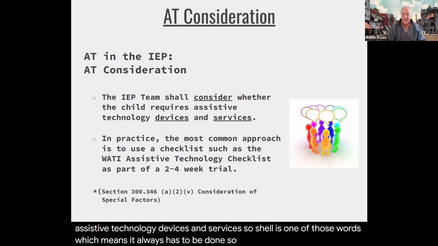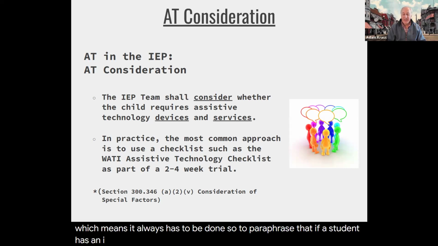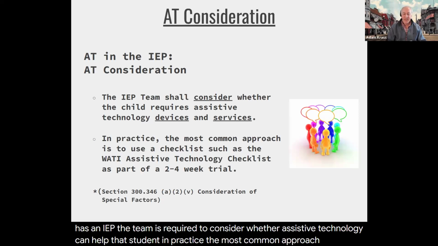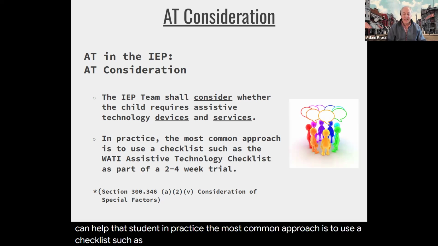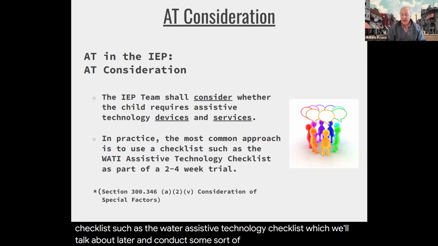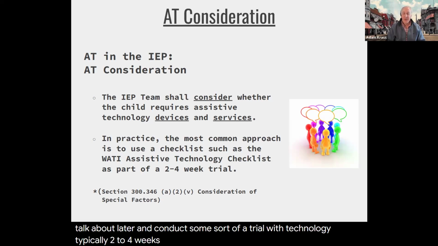So to paraphrase that, if a student has an IEP, the team is required to consider whether assistive technology can help that student. In practice, the most common approach is to use a checklist, such as the WATI Assistive Technology Checklist, which we'll talk about later, and conduct some sort of a trial with technology, typically 2 to 4 weeks, although it could be longer.